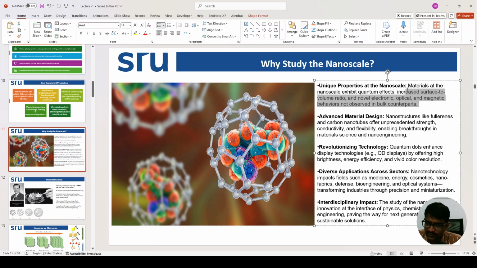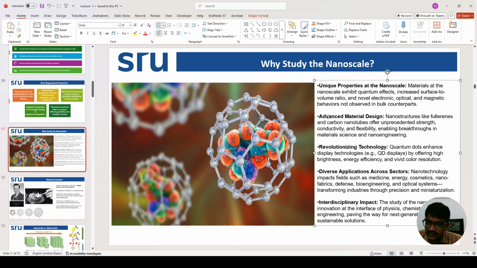This is what I have been telling from the start of this lecture: the properties at bulk stage, that means at macro size, are different. At nanoscale, the properties are very different. What are the reasons? Quantum effects and also surface to volume ratio. These are the main reasons for different properties at nanoscale.